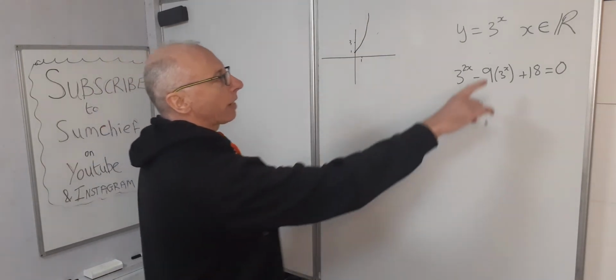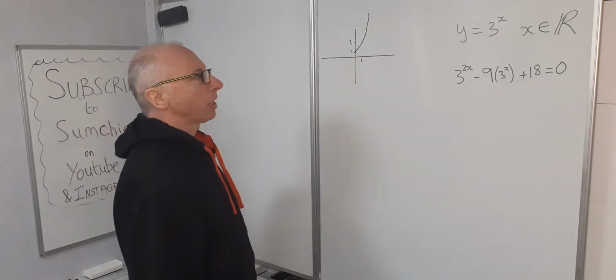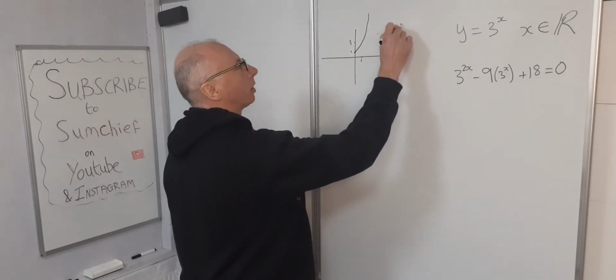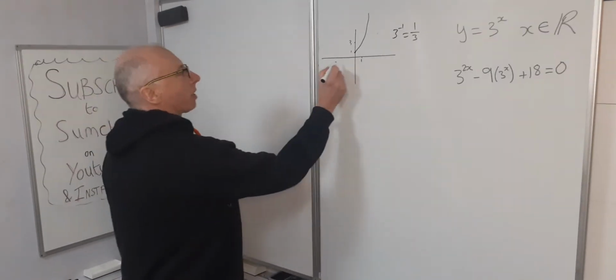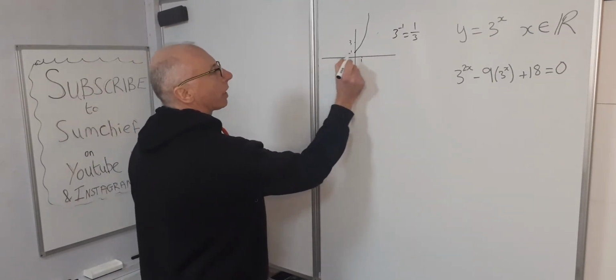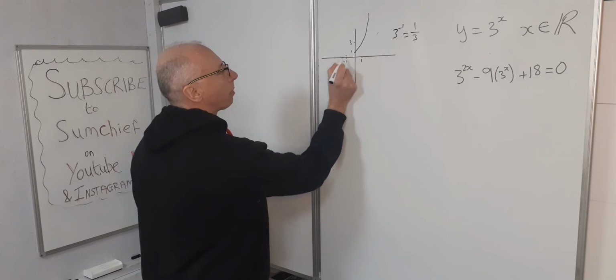Now what about when x is minus 1? So 3 to the power of minus 1 equals 1 over 3. So when x is minus 1, y is a third, which is going to come somewhere about here.